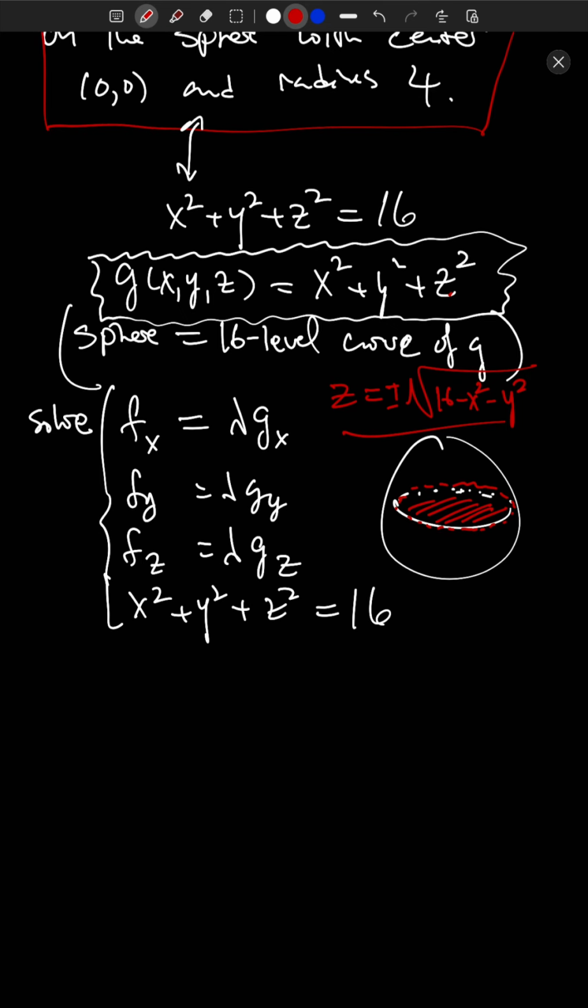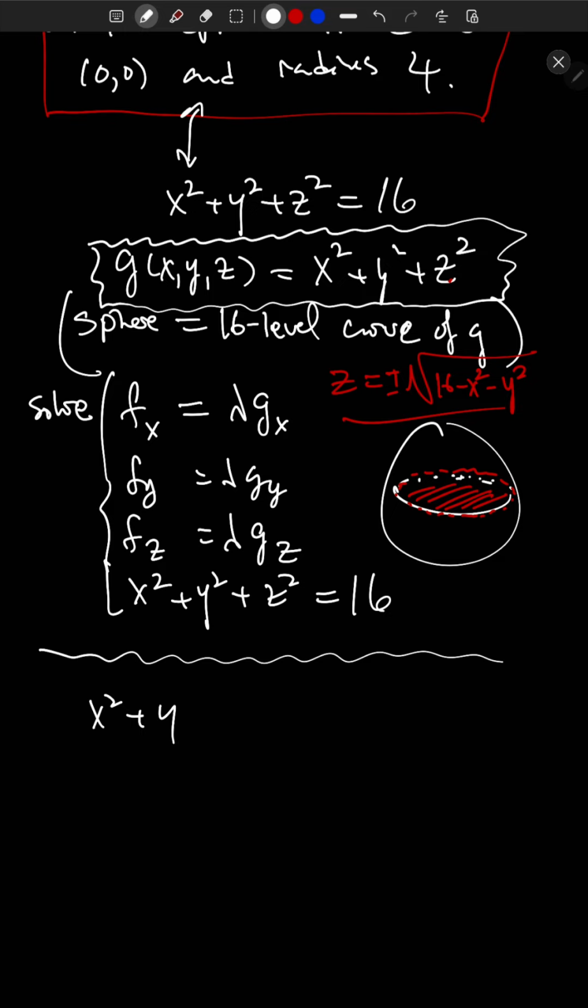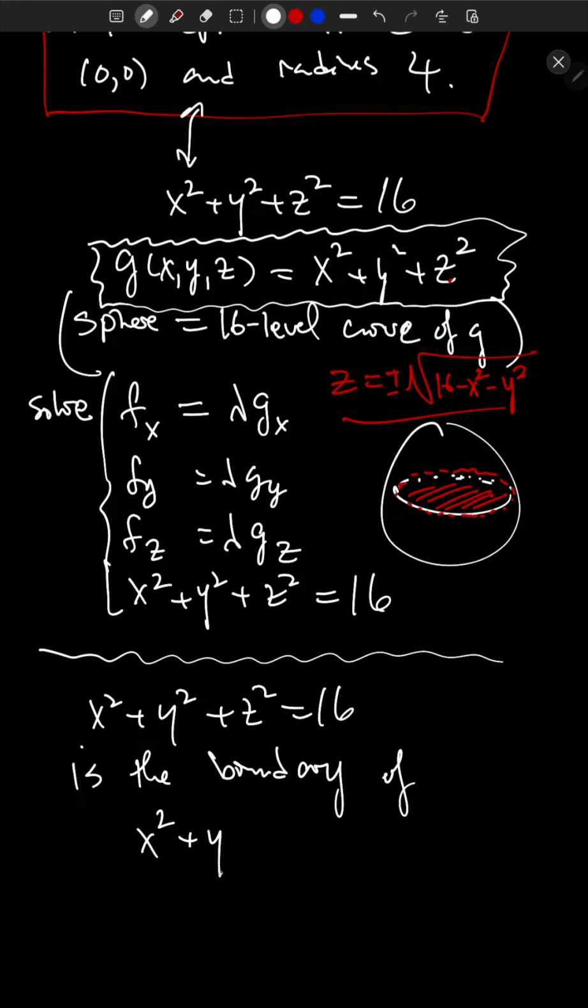A nice fun mathematical fact is that if you have a region that's the boundary of something, then it itself has no boundary. So the sphere of radius 4 at the origin, x squared plus y squared plus z squared equals 16, is the boundary of x squared plus y squared plus z squared less than or equal to 16.